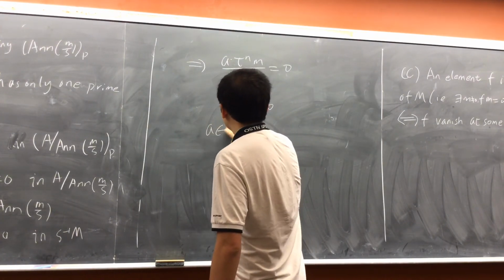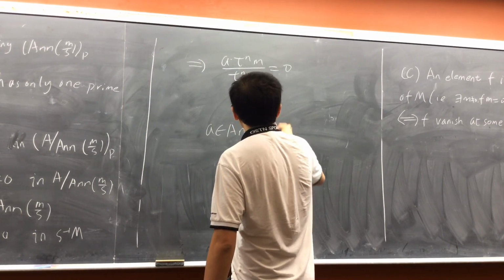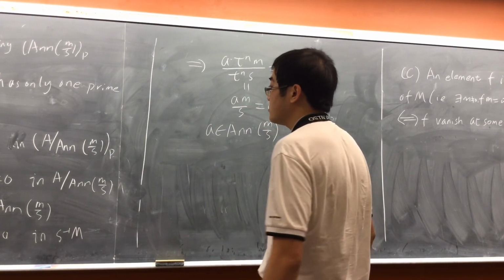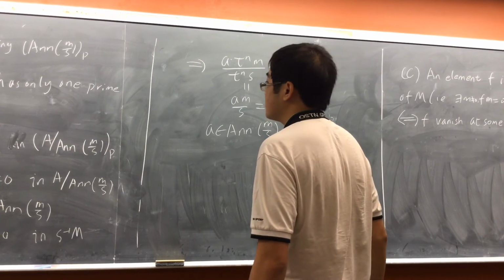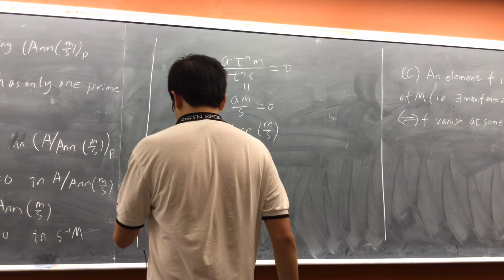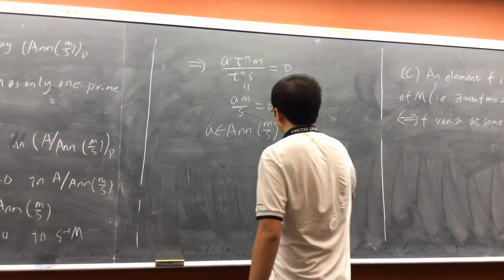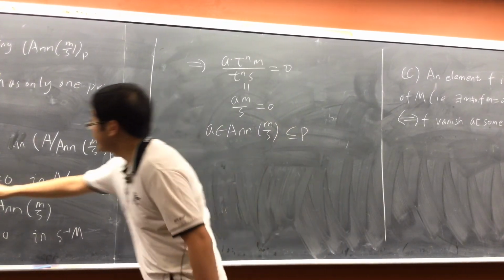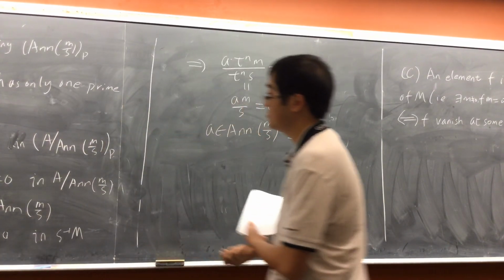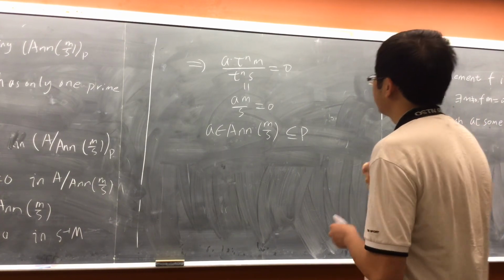That means A is in the numerator of M_S, which is in P, a contradiction with our assumption. Okay, so this is a proof.